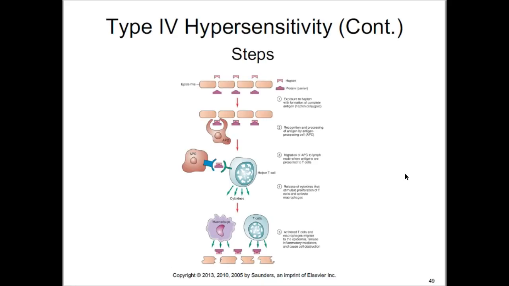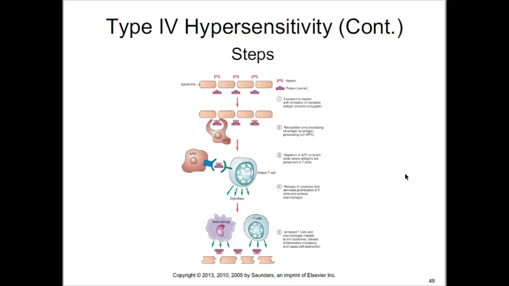All right, so you could see that on page 207, where the epidermis, for example, has a haptene, which is basically going to form a complete antigen with that epitope that I mentioned.